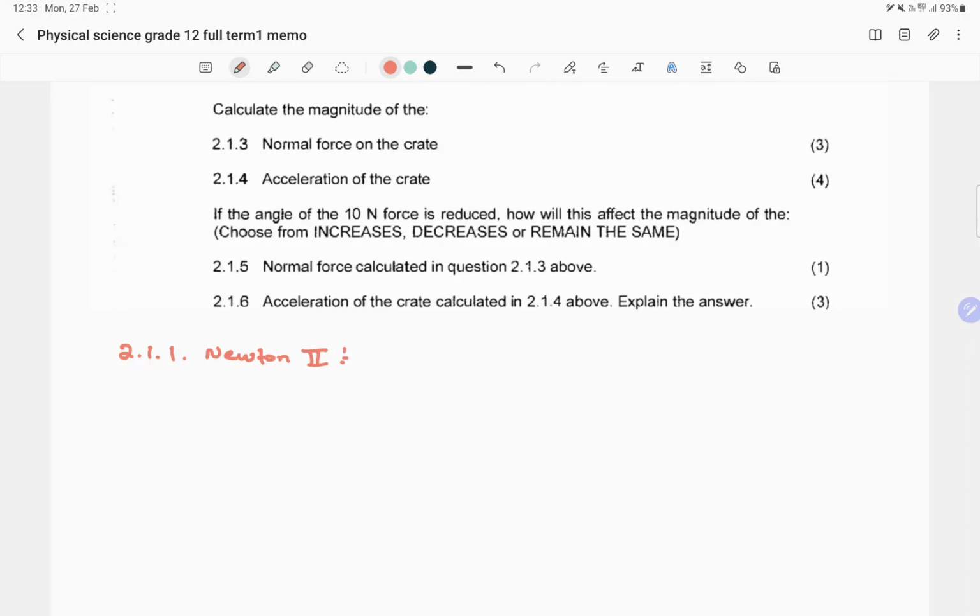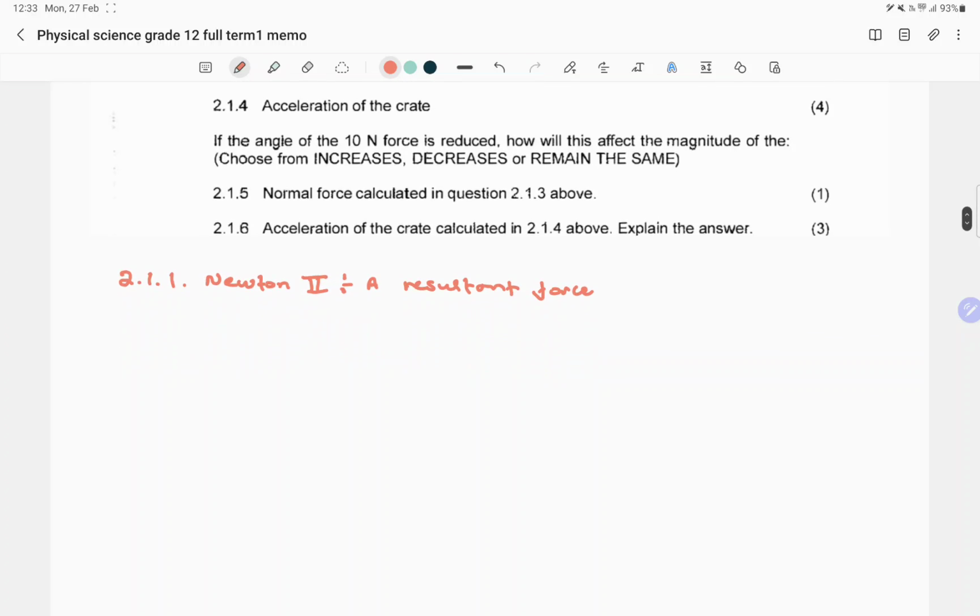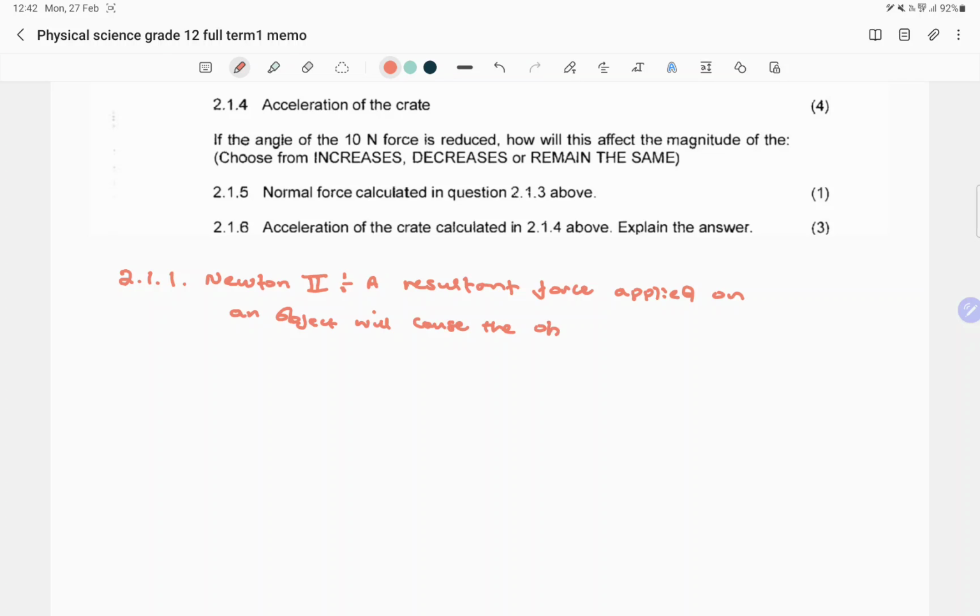Newton's second law states that a resultant force applied on an object will cause the object to accelerate.